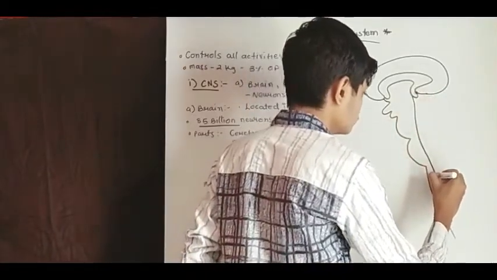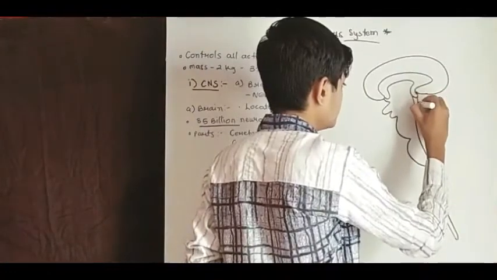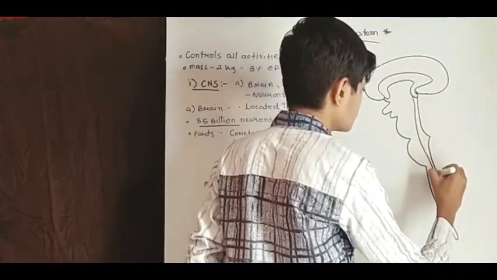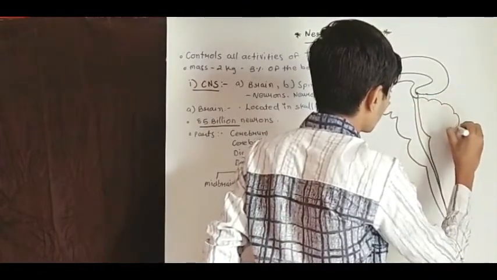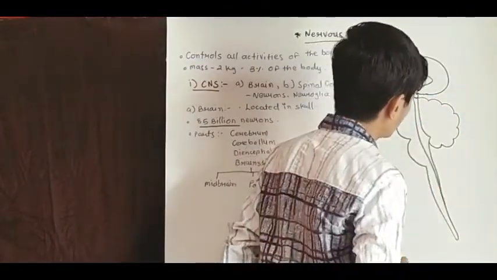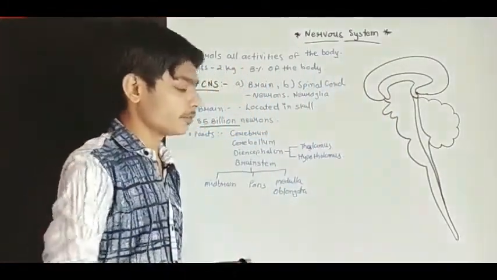But for now, let's only see their names. Basically, we can enumerate the whole central nervous system from this.